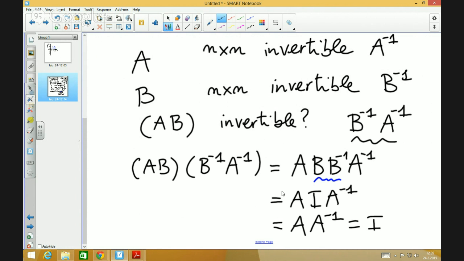So multiplying AB by B minus 1 times A minus 1 gives us the identity. And you can multiply also the other way around, and you will also get the identity by following exactly the same line of reasoning. It's just that first you have the B matrices and the B minus 1 next to one another. They disappear, turn into the identity, and the pattern is exactly the same.